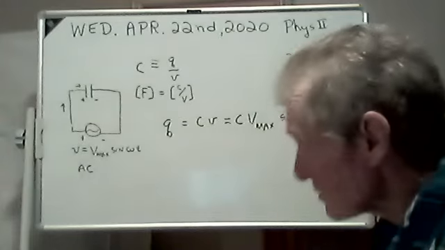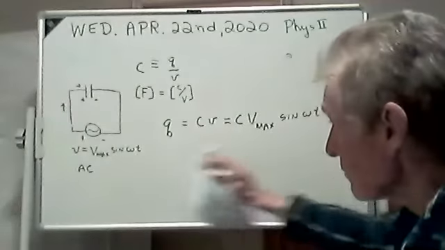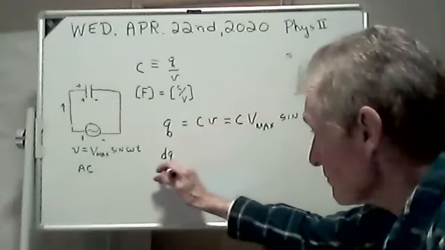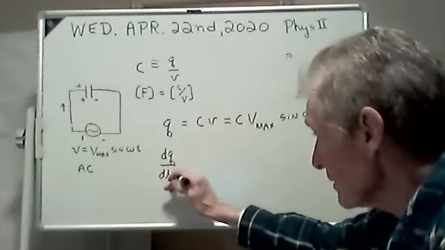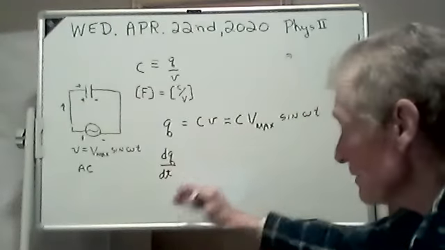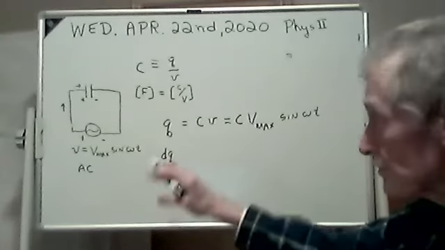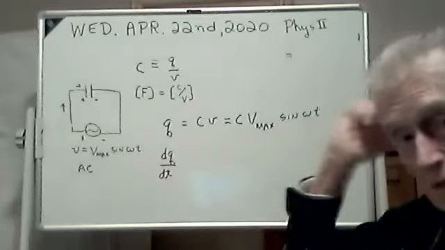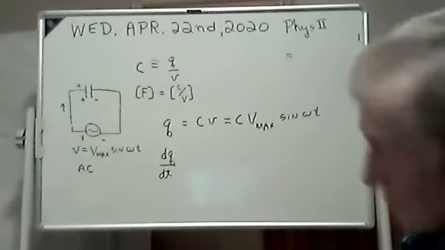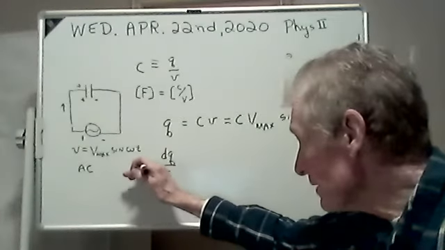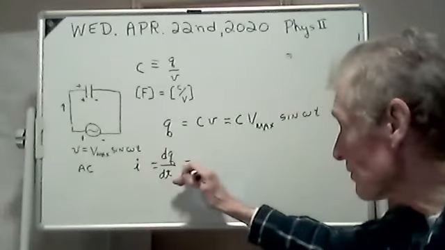Now watch this. We're going to take the derivative of both sides. We're going to take the derivative of the charge with respect to time. Does anybody know what the derivative of charge with respect to time is? What is that? Current? It's current. We're looking at current now, and we're going to write the equation for current.